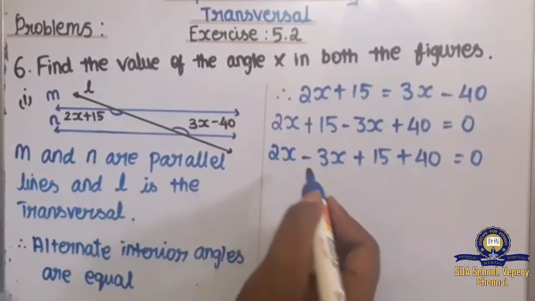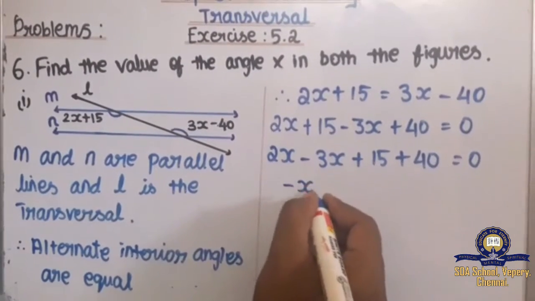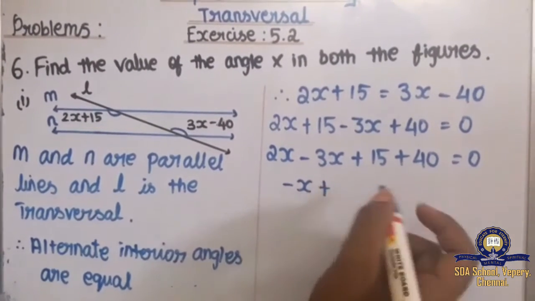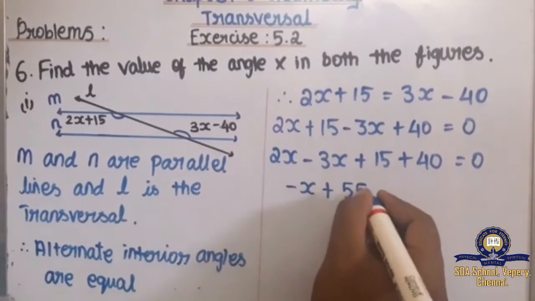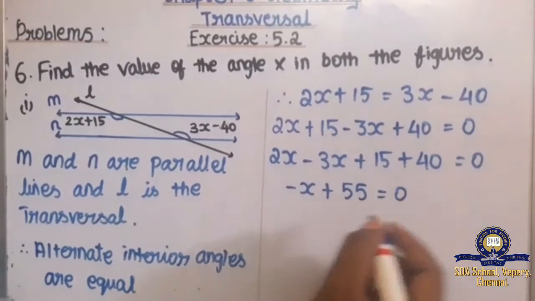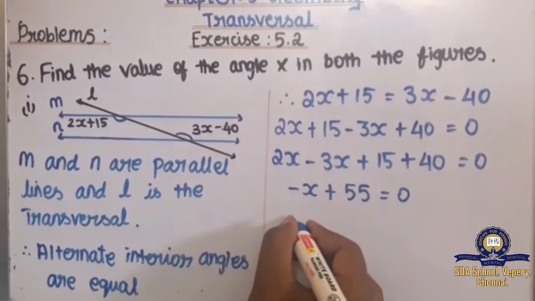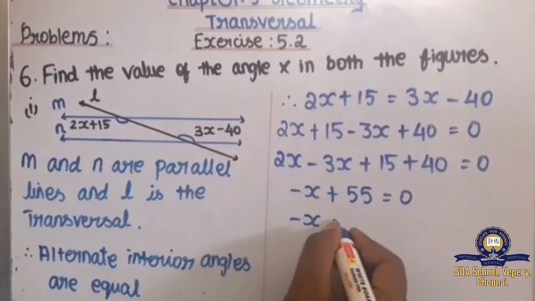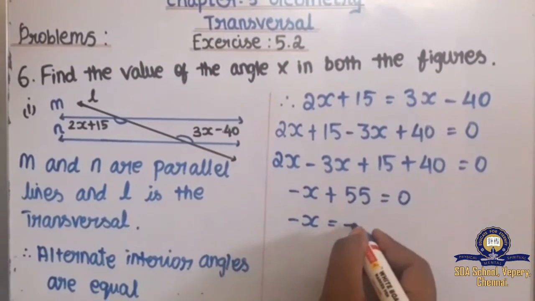Now we can combine 2x minus 3x, we get minus x. Here 15 plus 40 we get 55. It is equal to 0. Therefore, here we need to find the value of x. Therefore, keep the x here. When the plus 55 goes to the other side it will become minus.